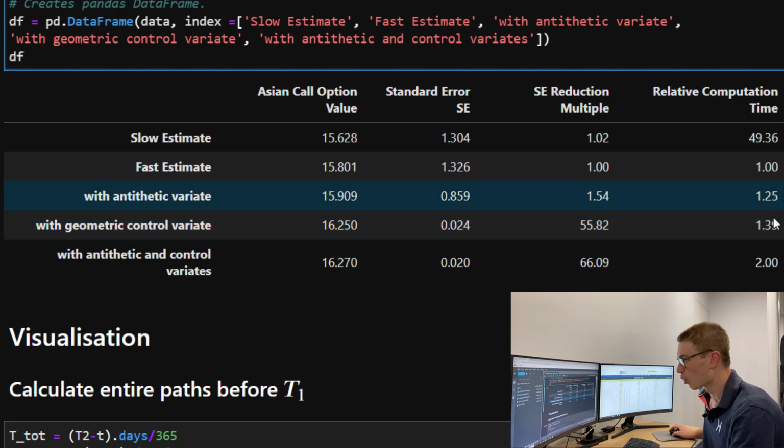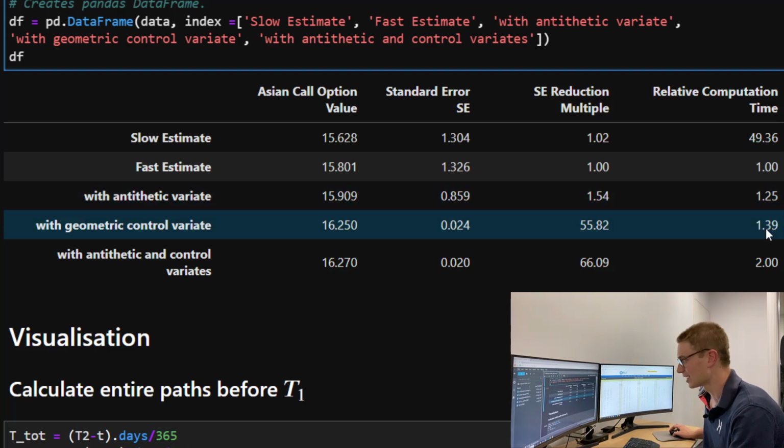So just a little bit more than doing the antithetic variate, you can actually get a 56 magnitude decrease in your standard error. And that's because the geometric average option is such a good price indication of your arithmetic average option. So it's a very, very good static hedge.